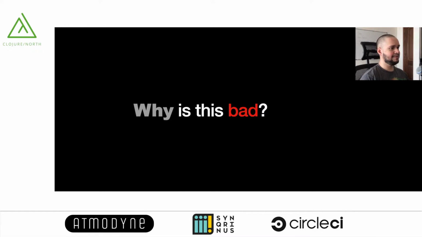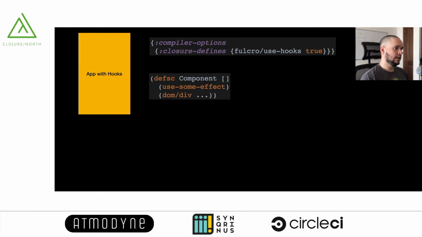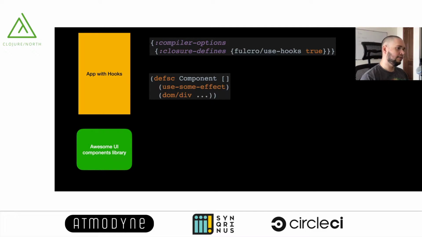So why is it bad? What's the problem here? Okay, let's look closely. Imagine you created an app which has the setting for use-hooks as default true. And then you go and write dozens of components in your app. Later in the game, you decide that you found a new UI library that you want to use in your code.